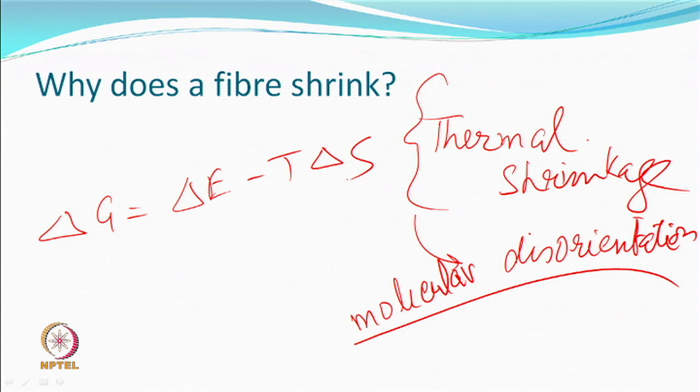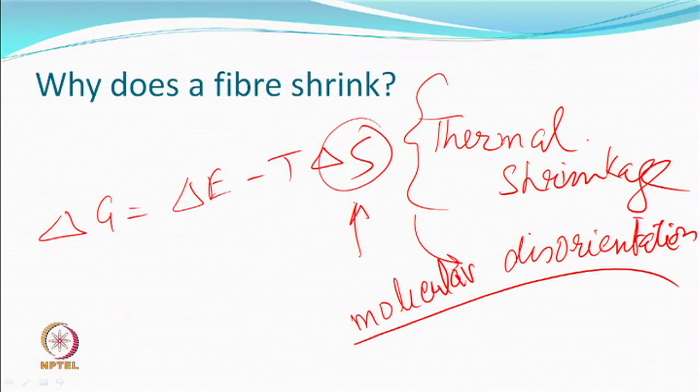So, if any change is taking place, this general equation must be satisfied. What happens during this so called shrinkage in this equation? The molecules are disorienting, which means delta S is increasing, which is a natural process. So, shrinkage will occur in a polymeric system like a fiber, but we have seen the same material can crystallize also.